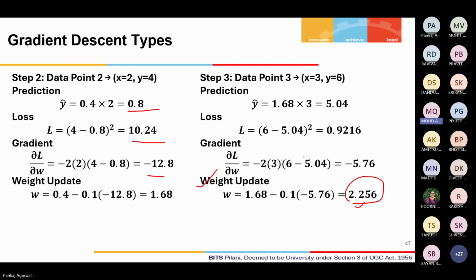Wouldn't the uniformity of the data be an issue here rather than in batch? Why? Because we are considering a case where all my data points in one epoch behave uniformly. I'm looking for that stage now, so it's not an issue. That's the reason I told you that even if three out of four of my data points give me exactly what I wanted, but one data point is still deviating, I still have to wait till the iteration where all four data points start behaving in the same way.